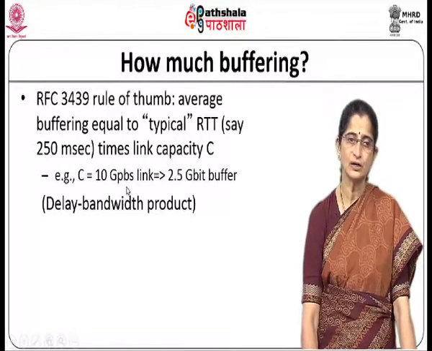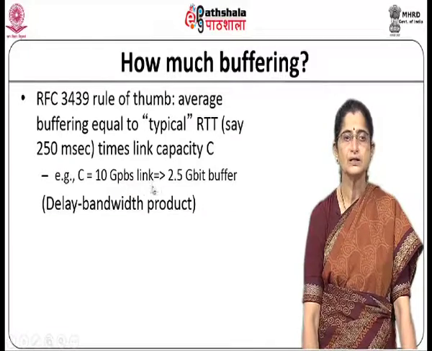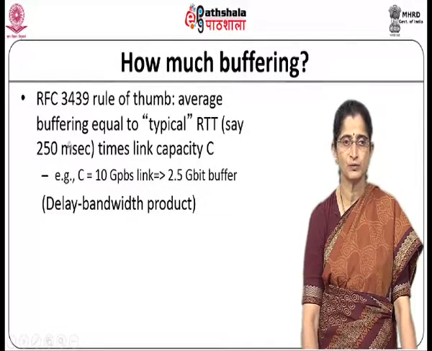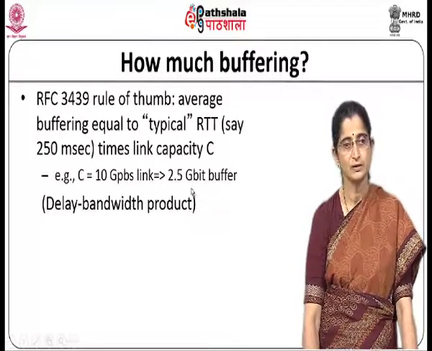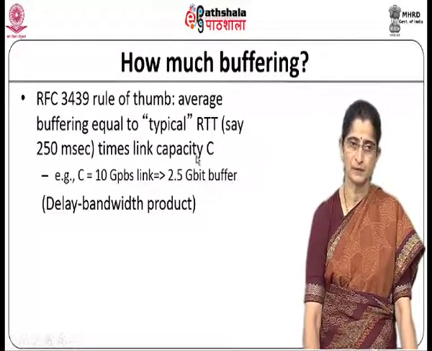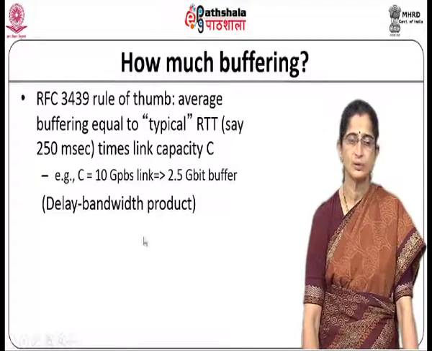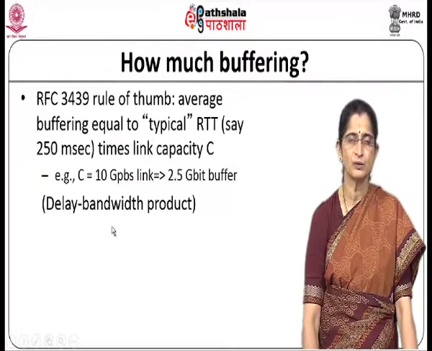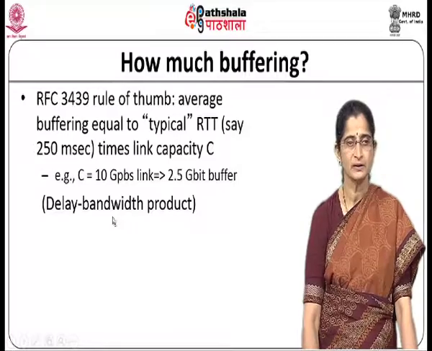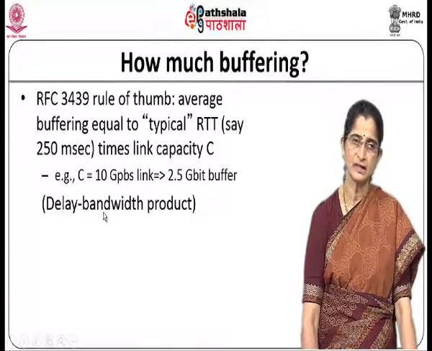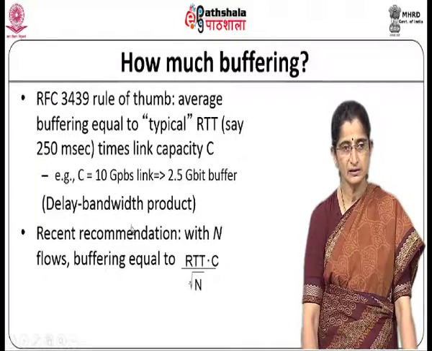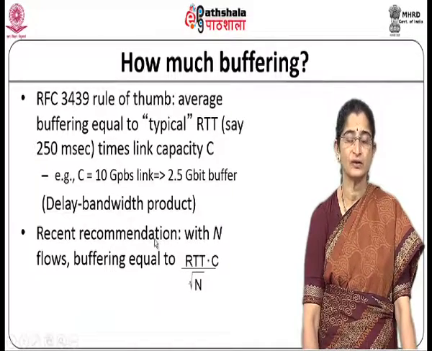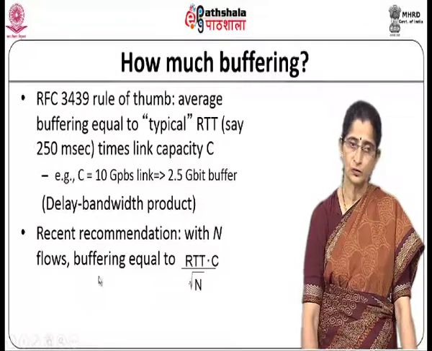If I have a link of capacity 10 gigabit per second, and if I assume that I have a 250 millisecond RTT, you will require about a 2.5 gigabit buffer in order to be able to support fast processing. So, essentially you can say it is determined by what we call the delay bandwidth product, right. So, what is the delay multiplied by the bandwidth, that will give you the capacity of the buffer that should be used. Okay.